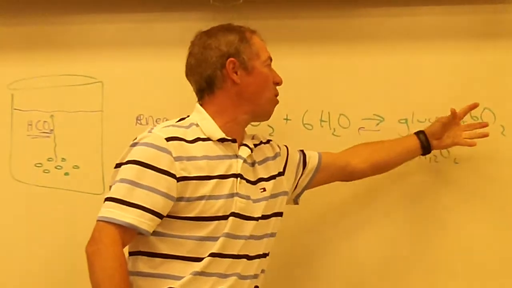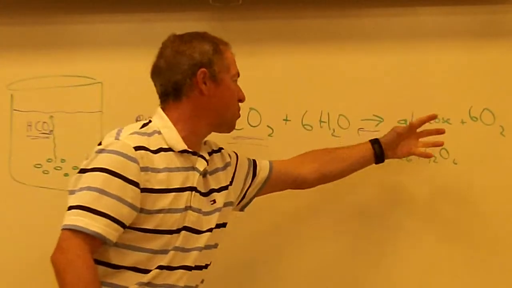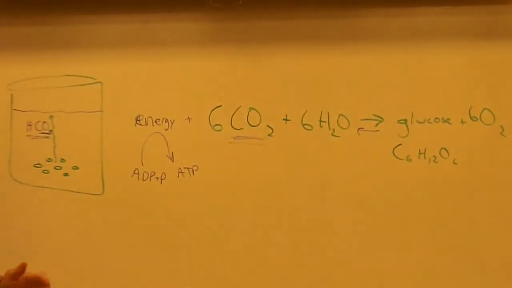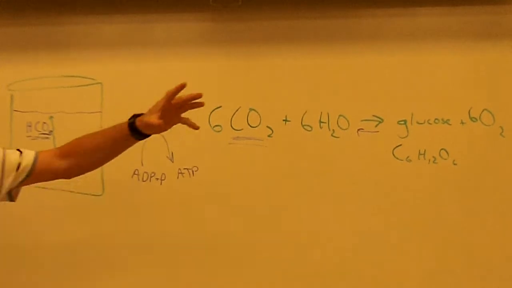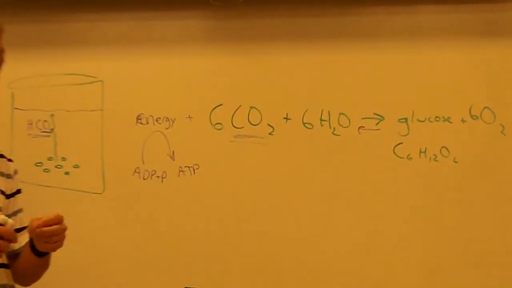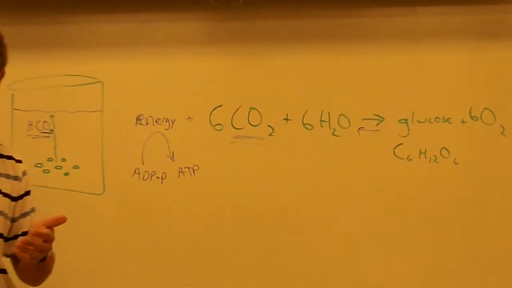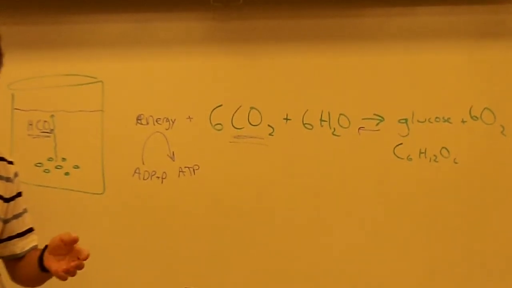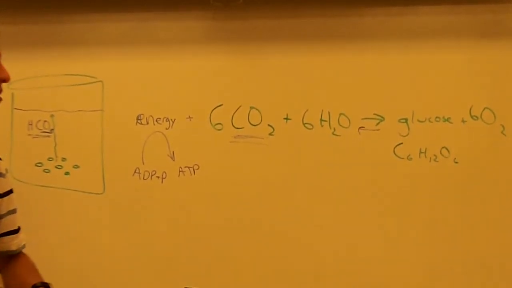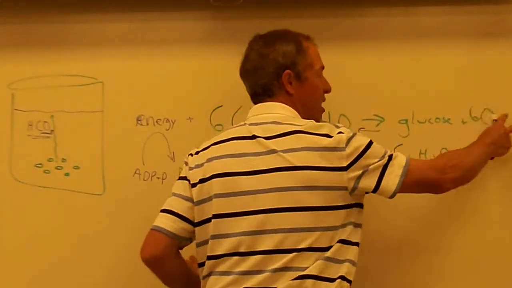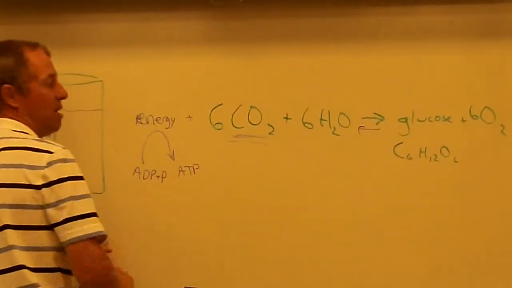Do y'all remember what organelle in the cell does this process? Mitochondria. The mitochondria does most of that process. A little bit of it is done outside the mitochondrion in a process we call glycolysis, which is an anaerobic process. Glycolysis does not use oxygen and makes a little bit of ATP.